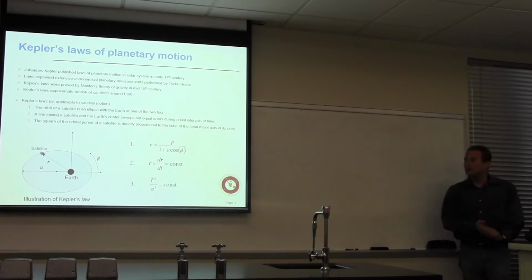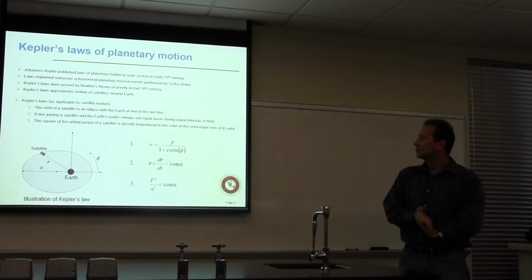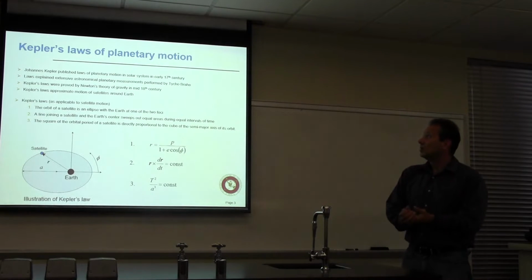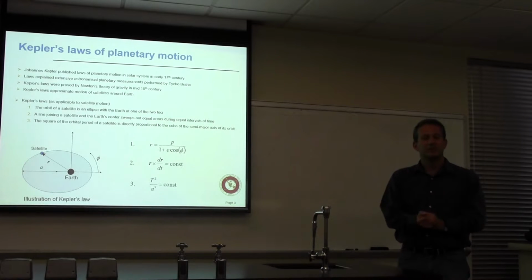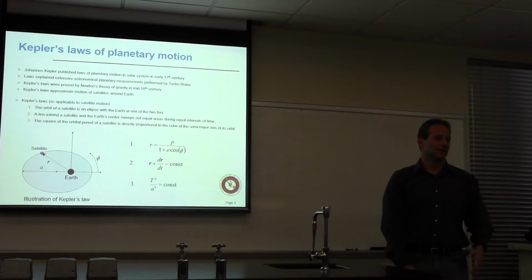So here's a slide that talks a little bit about Kepler's law. Johannes Kepler published his laws in the 17th century. It was a remarkable achievement because that was before Newton developed the theory of gravity. So his laws were essentially based on interpreting the measured data.